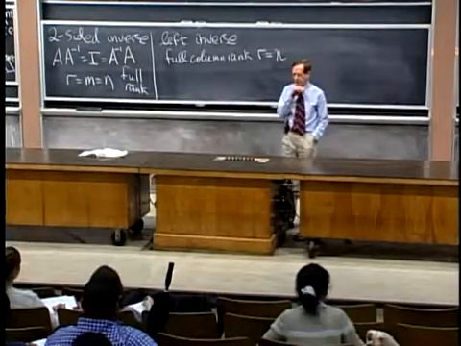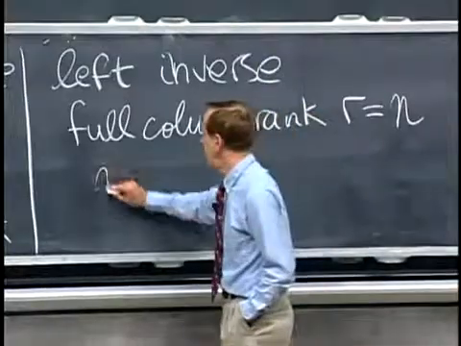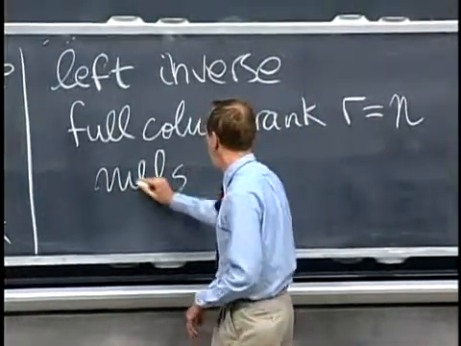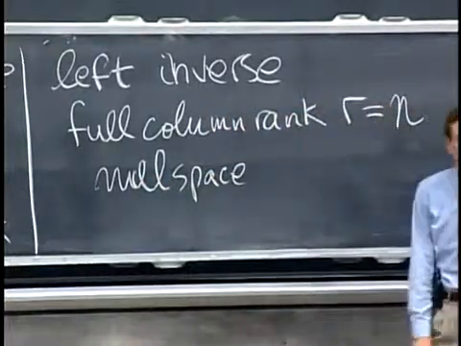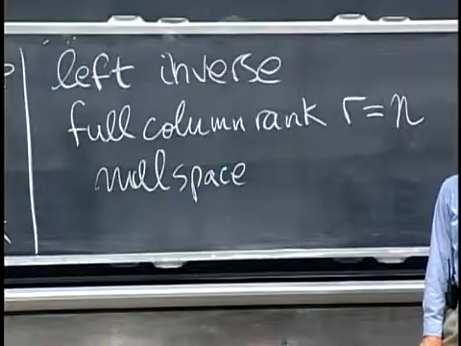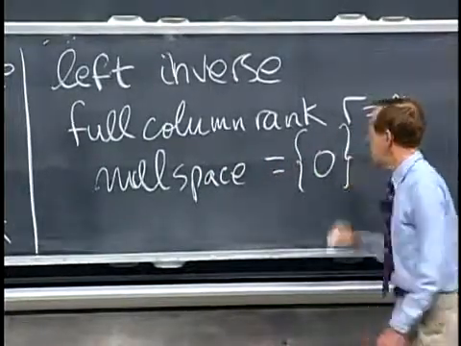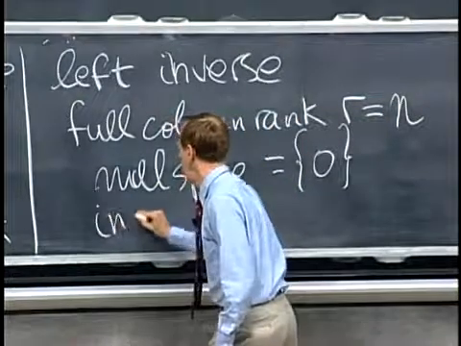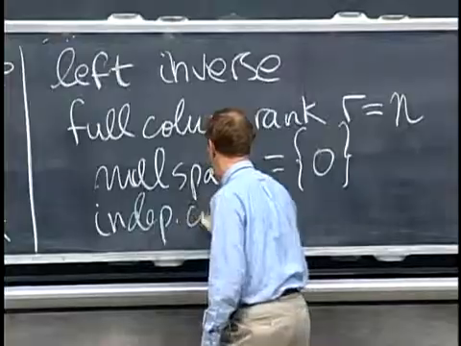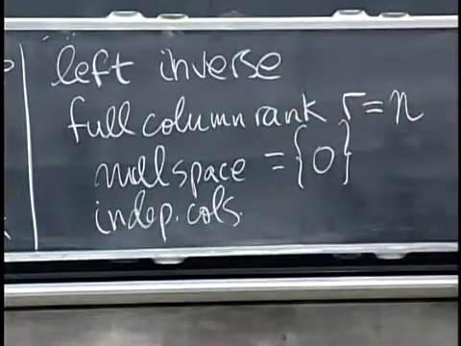If the rank is n, what vectors are in the null space? Just the zero vector. The columns are independent: no combination of the columns gives zero except that one.